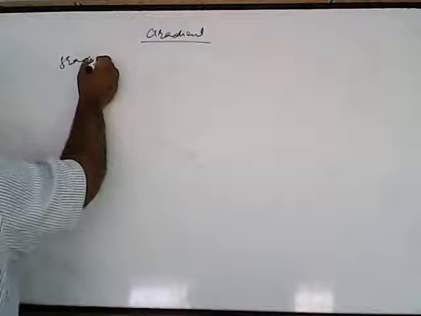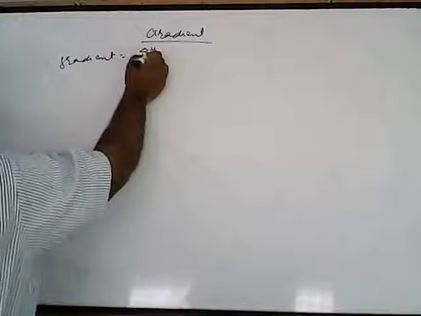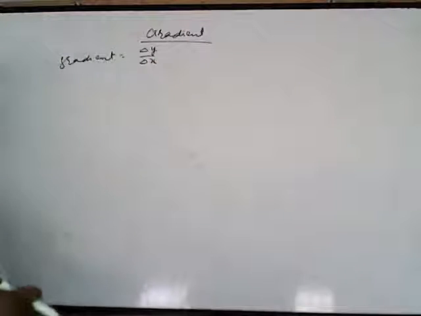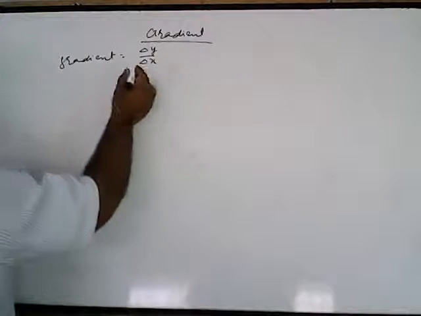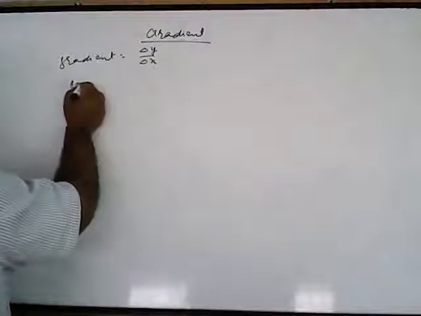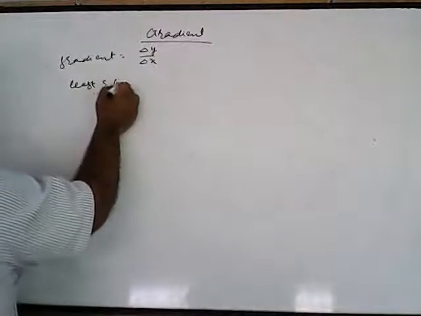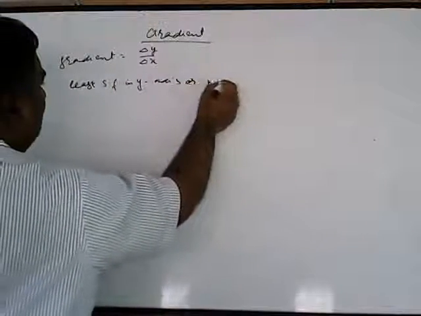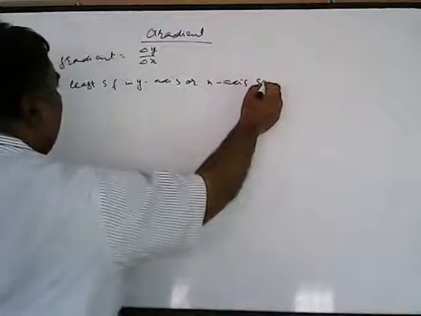First of all, gradient is always calculated by delta y upon delta x, change in y upon change in x. And how many significant figures in the gradient will there be? We will see the least number of significant figures in the y-axis or x-axis should be in the gradient.